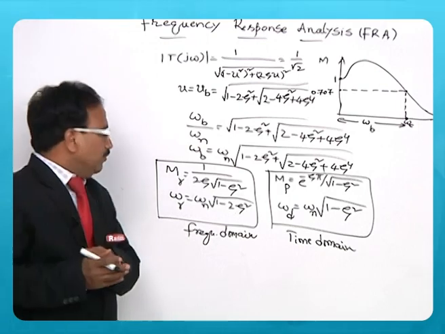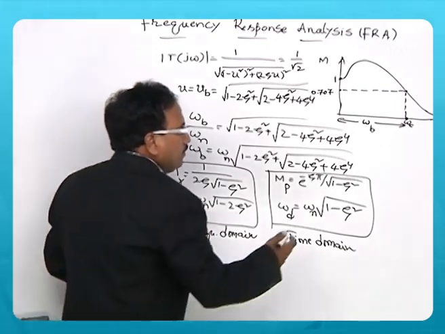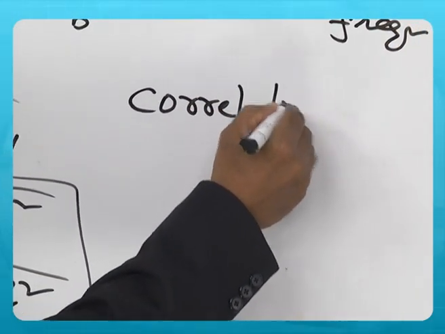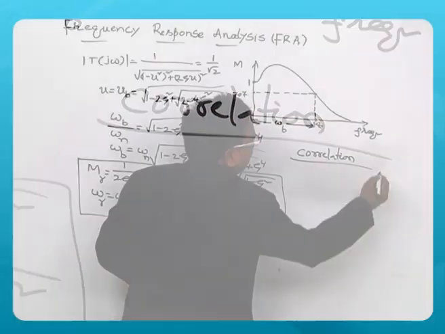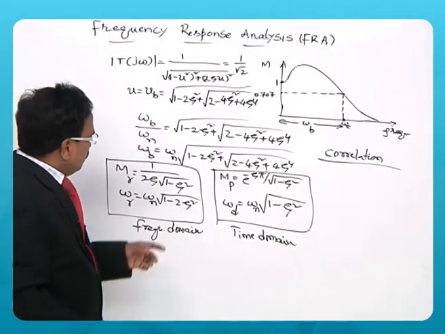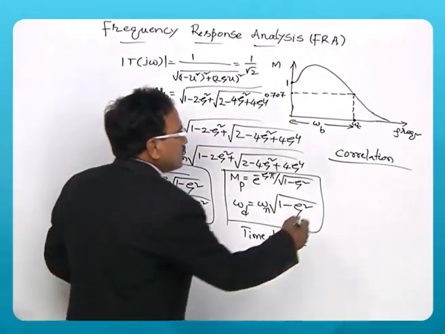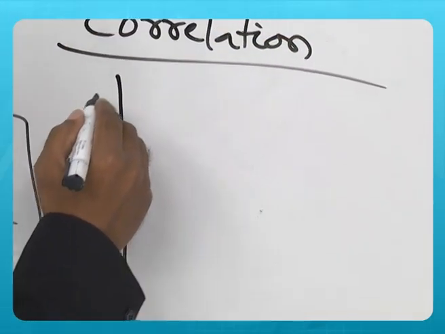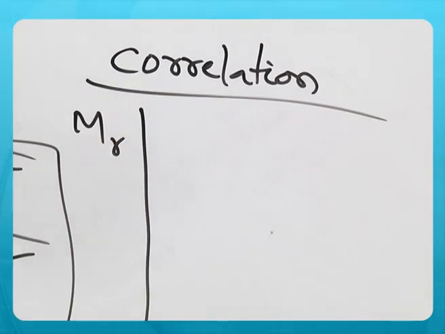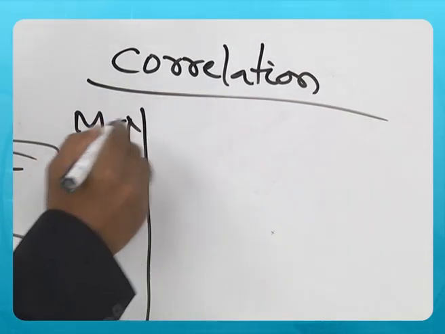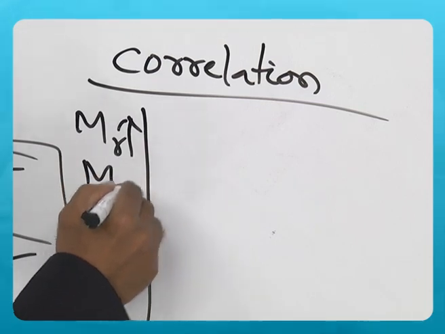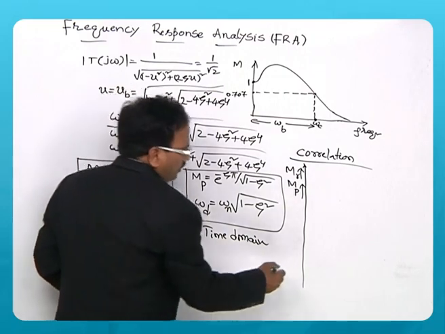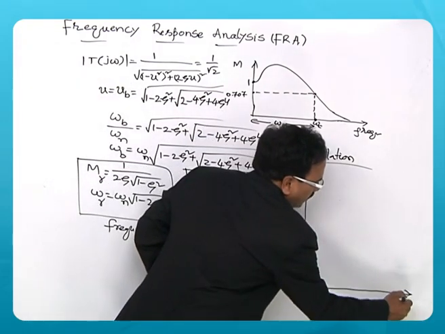Now, if I want to see the correlation between time domain and frequency domain approaches using these two expressions, I compare MR in frequency domain on the y-axis and MP, peak overshoot in time domain, also on the y-axis, versus zeta.